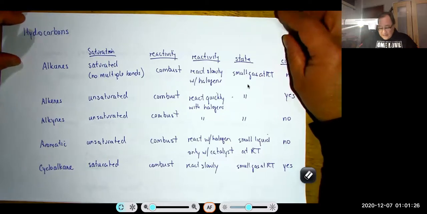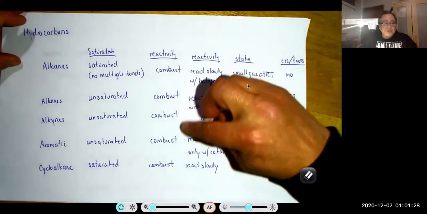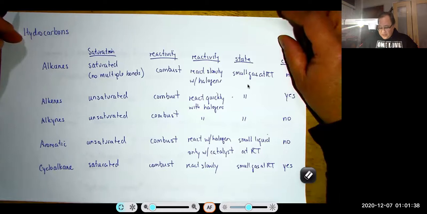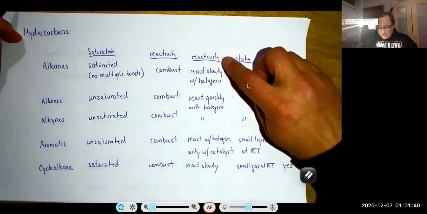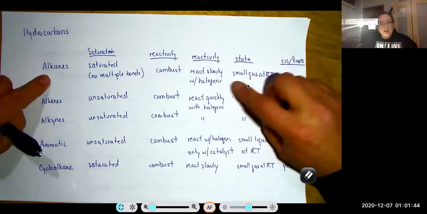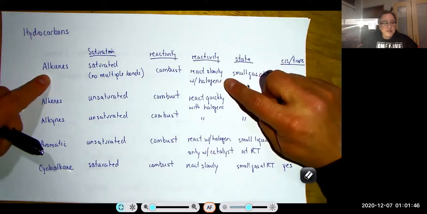For reactivity, they all combust. Combustion is the reaction with oxygen, which is really an oxidation reaction, and you form CO2 and H2O. Now, there's another type of reactivity, and it's the reactivity with halogens. Alkanes will react with halogens, but very slowly, and it requires light.